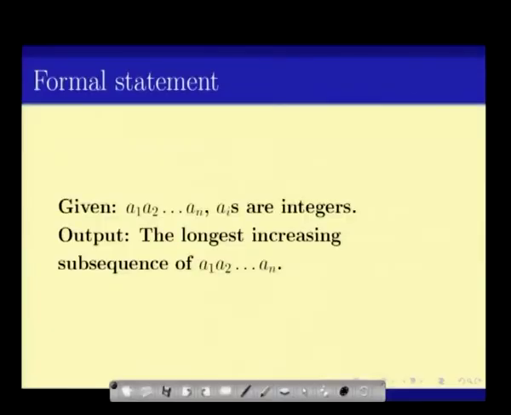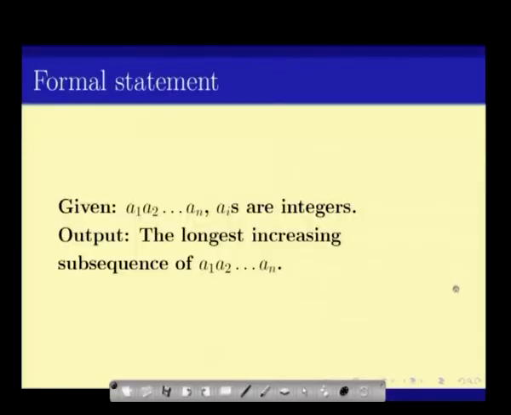So, there has to be an ordering among the symbols. We are given a1 to an, and we want to output the longest increasing subsequence of a1 to an. You might find it very similar to other problems like longest common subsequence, and if you are thinking in that direction, you are right. We will come back to it after some time.